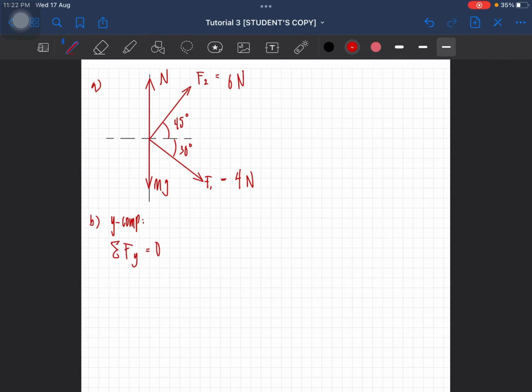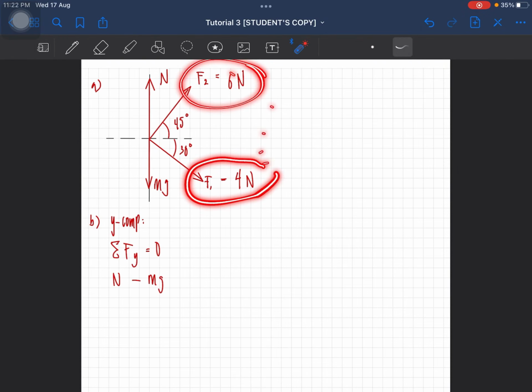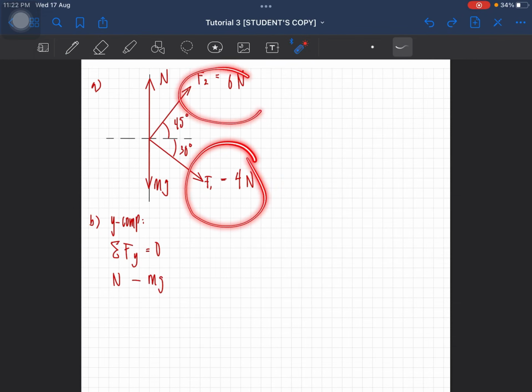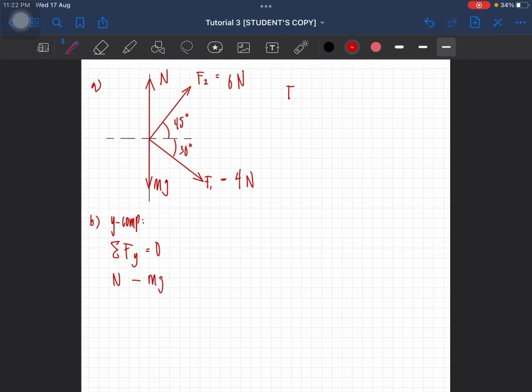Okay, so what are the forces in Y? Firstly we have N. N is positive because it is pointing up. Mg is negative. Now we have to consider the components of F1 and F2. Both of these forces are pointing to the right, so the X components would be positive, but we are looking at Y component. Sorry everybody.